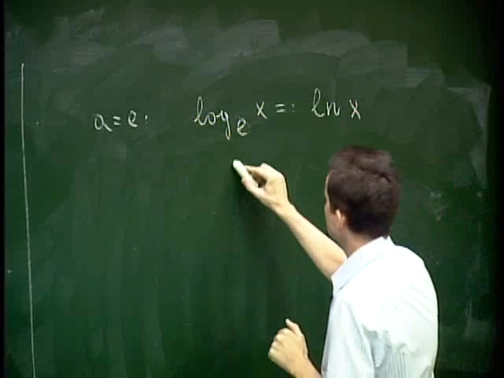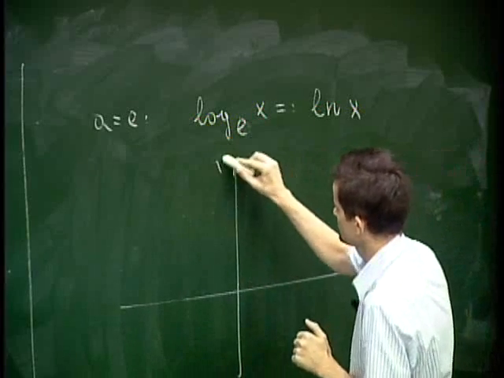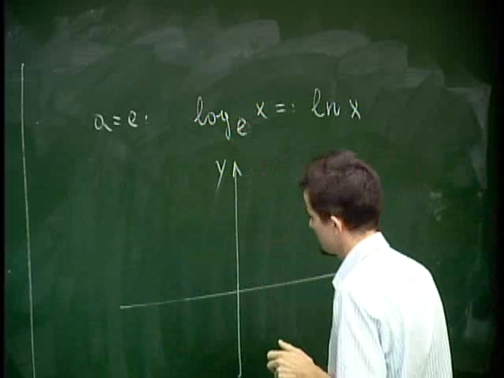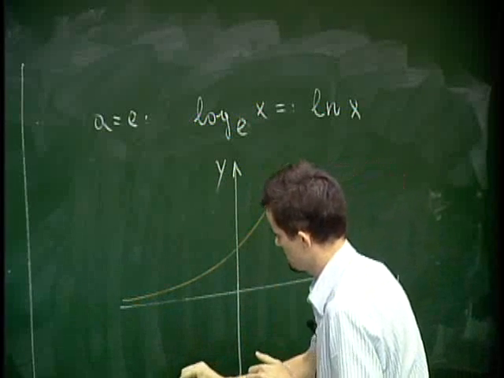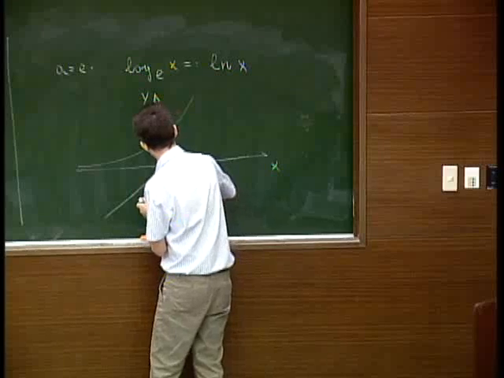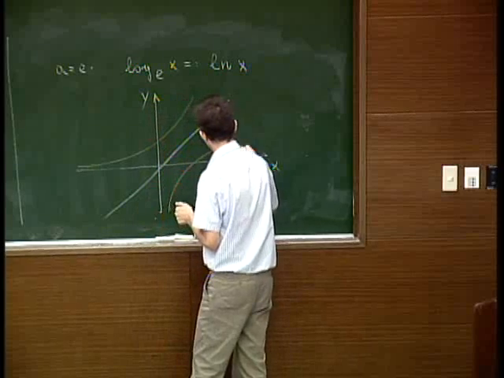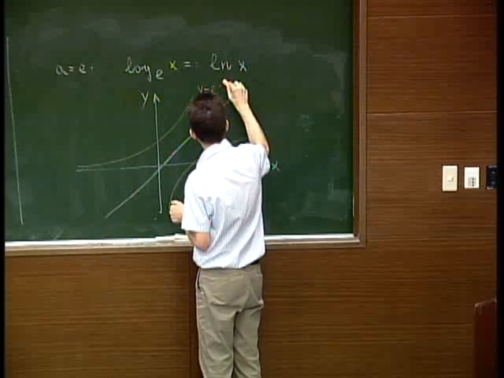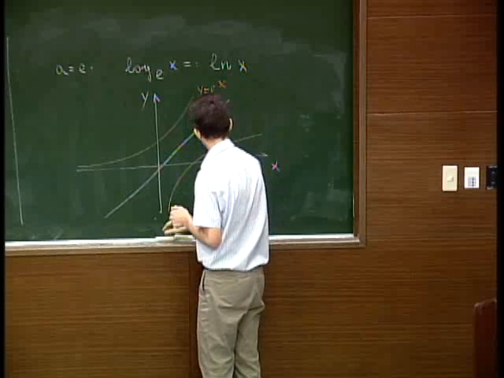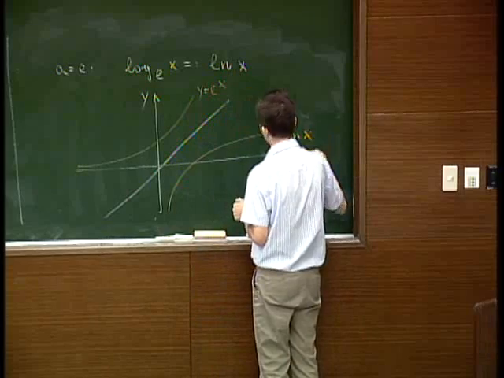From the basic reflection principle, we immediately see one property, namely, okay, so this is e to the x, and this function here is the natural logarithm.